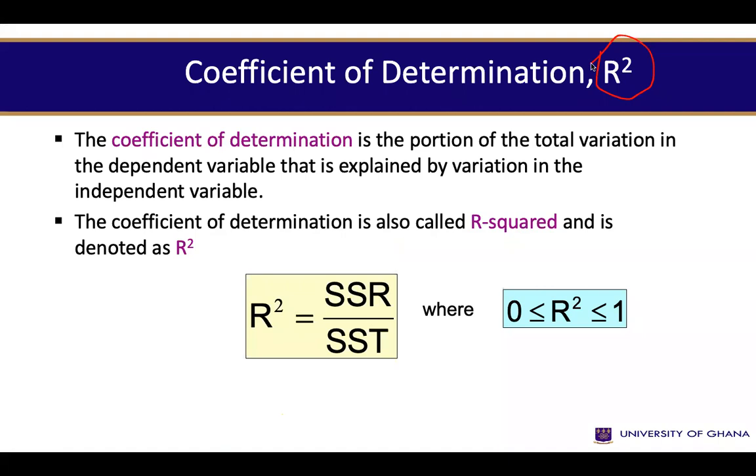The coefficient of determination, what we term as the R squared, is actually the portion of the total variation which is explained by the variation in the independent variable. So basically, what portion of the variation is explained by our model or our independent variable?